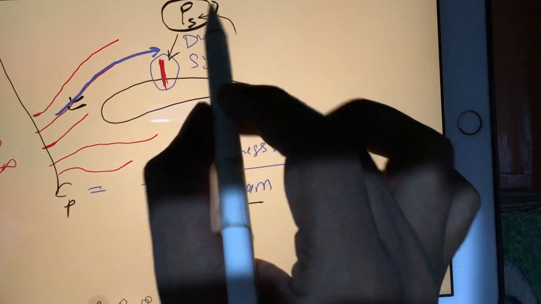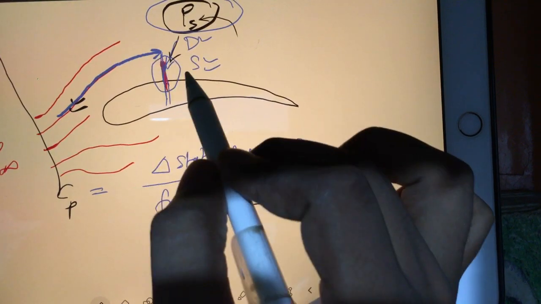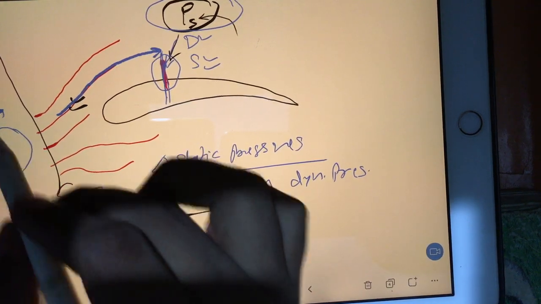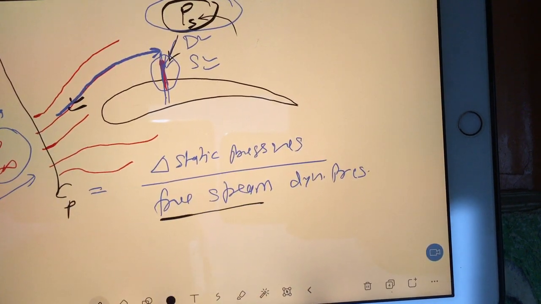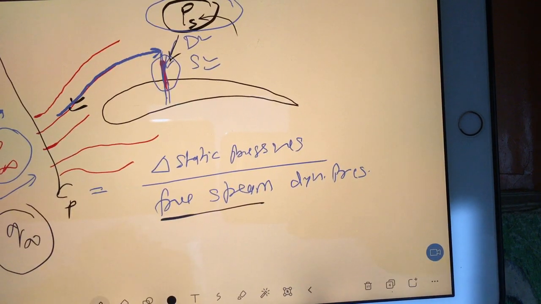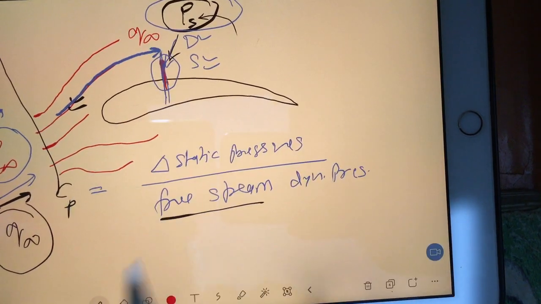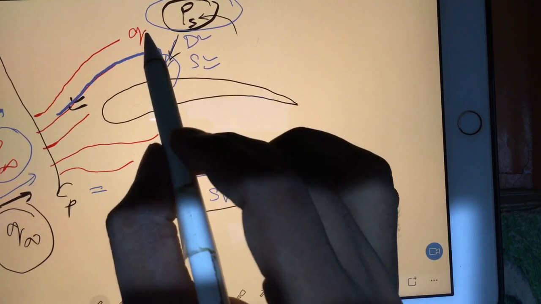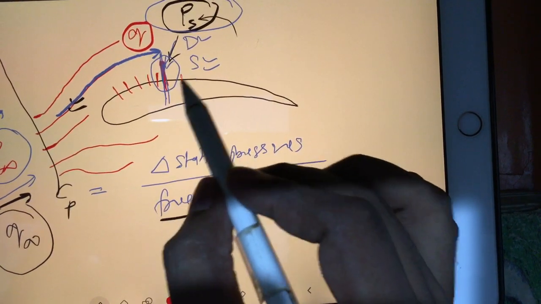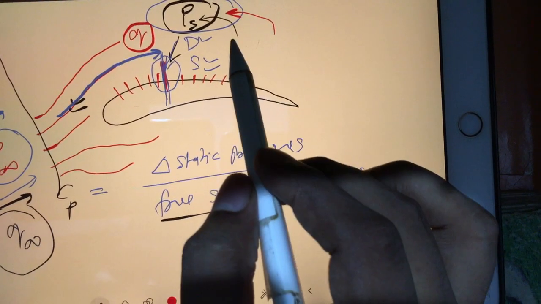So PS is the symbol for the static pressure exactly at this point, and P infinity is the static pressure of the free stream, and I will be using Q infinity for the dynamic pressure of the free stream. At every point your speed will change, because of that dynamic pressure will change, and because of that static pressure will also change.